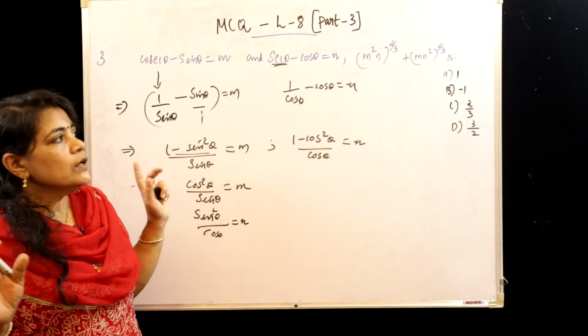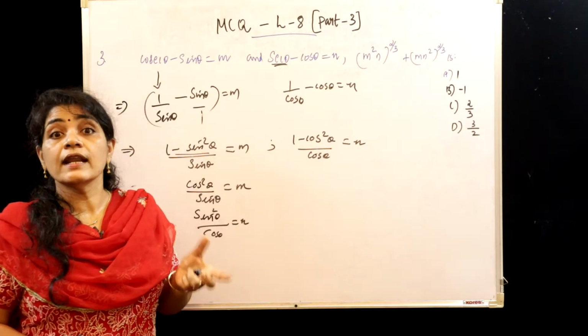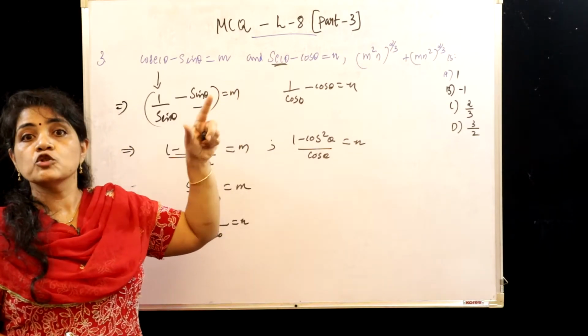Is it clear? Now we are going to substitute here. What will be m square n, and take its power 2 by 3.